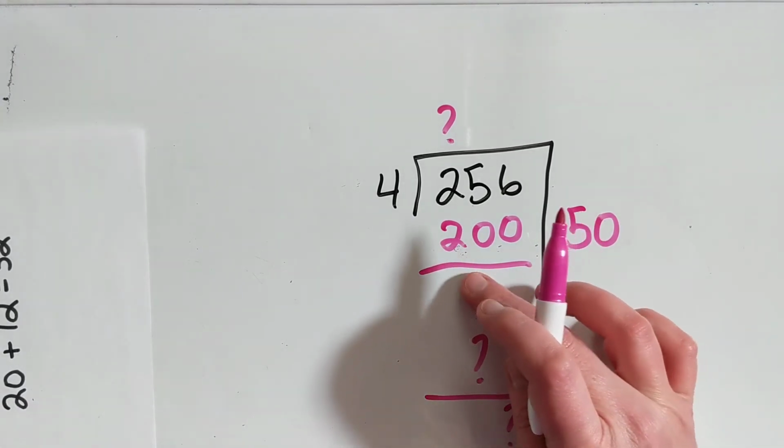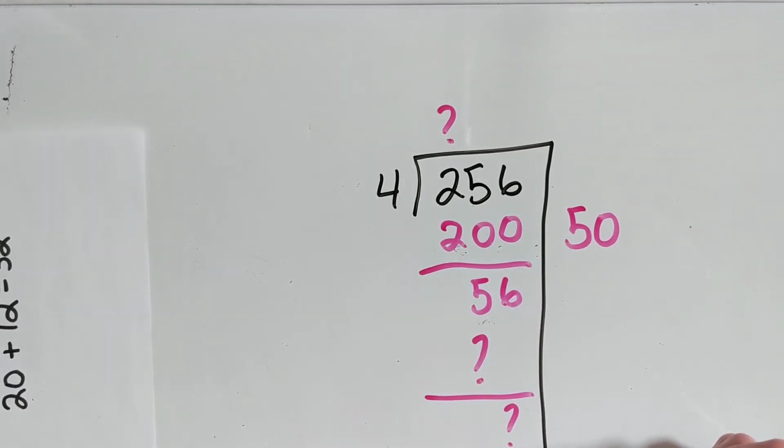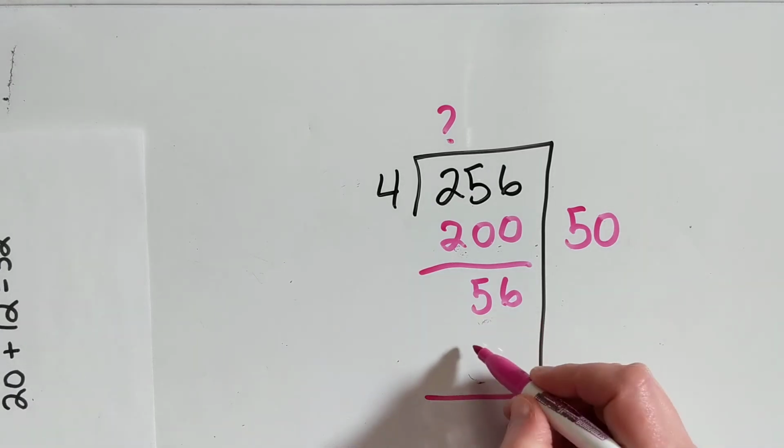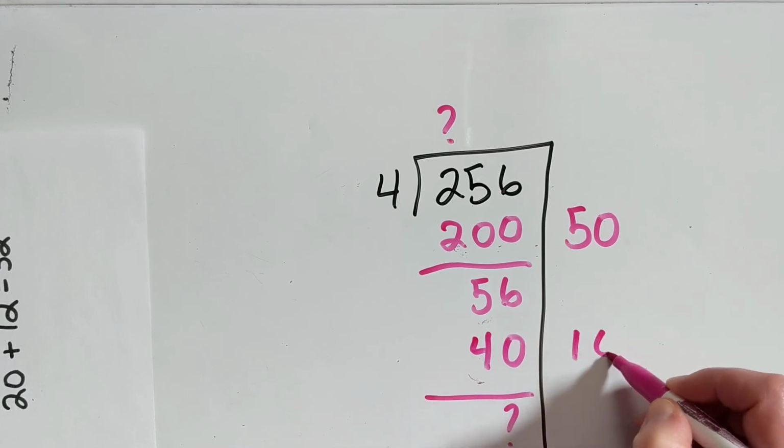So then I have to say, okay, well, what's left? 56. What is the largest denomination of money that I could give to 4 people? I'm going to say $40, which would mean that each person gets $10.